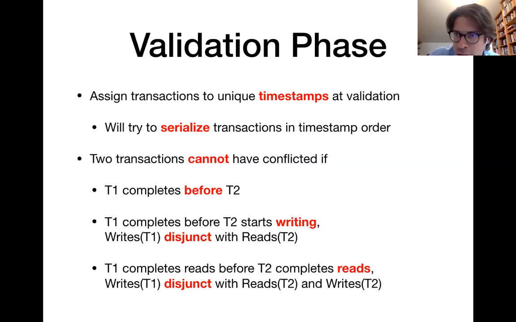So as an extension, we also want to ensure that the write set of the first transaction, the objects it has changed, is disjoint from the write set of the second transaction. In that case, they cannot override each other's changes in a bad way. And we can also be sure that no bad conflicts have happened. So those three conditions are what we can verify in the validation phase. And if one of them holds, then we can be sure that there have been no conflicts.